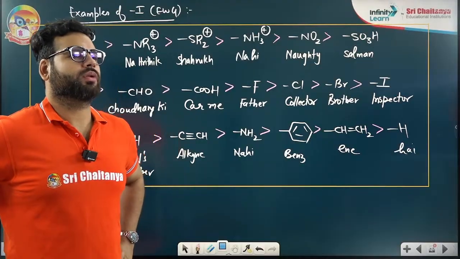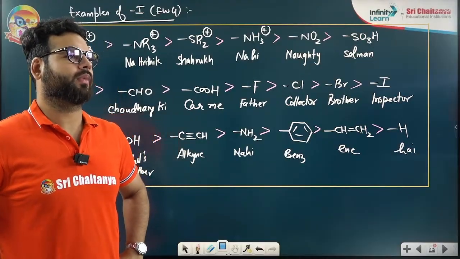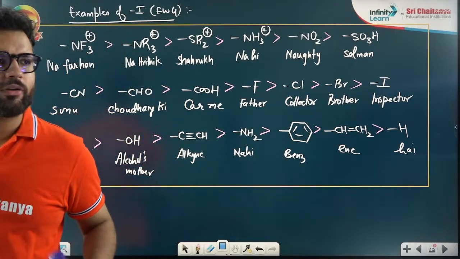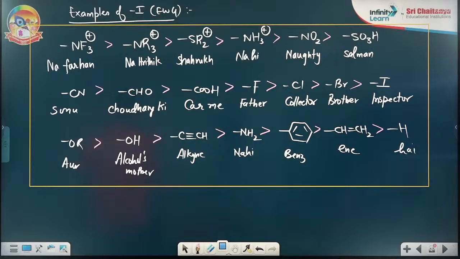So this is the order of minus I. Then I will tell you the order of plus I. Just write it down. I will give you 5 minutes. Then I will tell you the order of plus I as well.